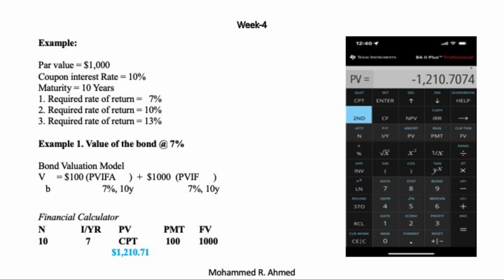If you're using a calculator, use the timeline. If you look at the calculator, there is a N, I/Y, PV, payment, and future value. That's called time value of money line. So use the time value of money functions and start with the number 10, then press N, then 7, I/Y, then payment, which is 100 PMT, 1000 FV, then press compute, and PV.